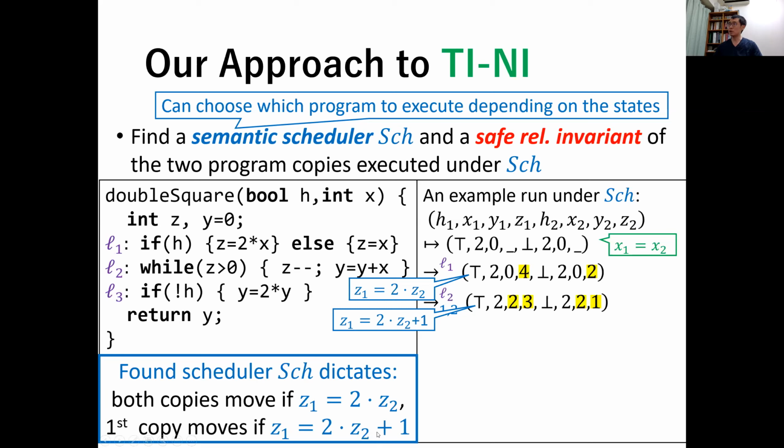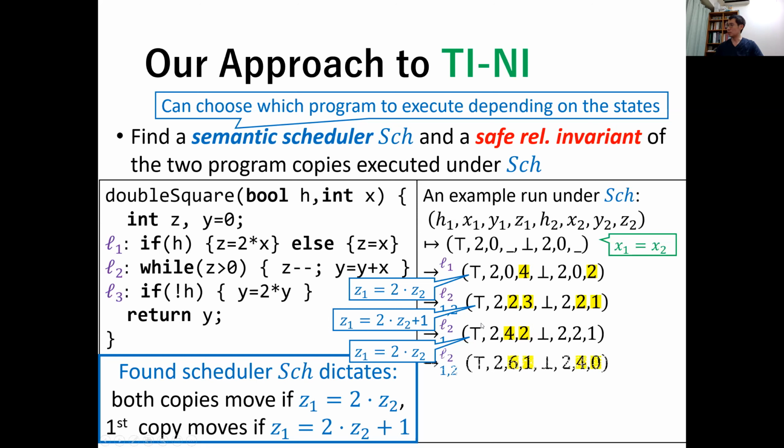And therefore, this case applies. The scheduler says only the first copy moves now. So the first copy moves, and only the values of y and z in the first copy are changed, respectively from 3 to 2 and 2 to 4. At this point, again, this case applies because the value of z in the first copy is 2 times the value of z in the second copy.